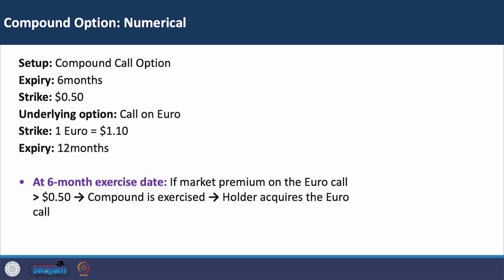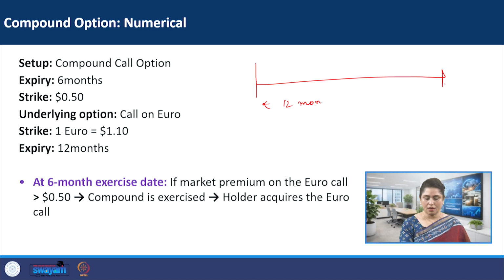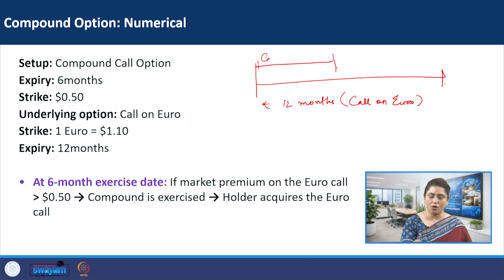Now it is like this. You consider one option for 12 months here, and this option is a call on euro. Now there is another option here, and this option is a call on call option.